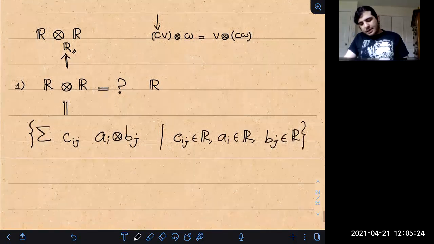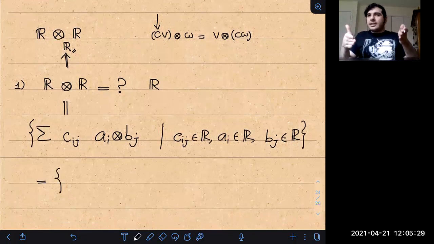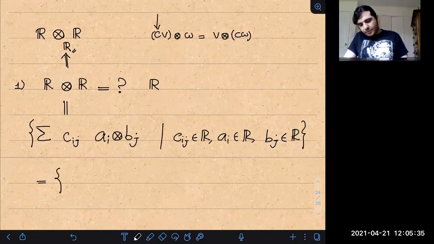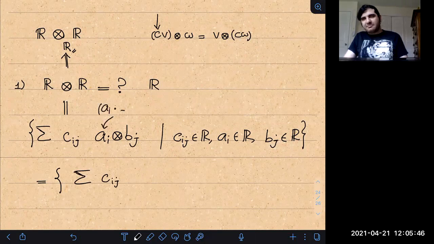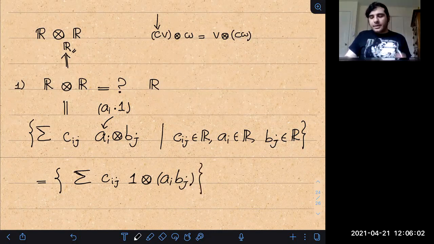Well, this is equal to, you see, Ai is a real number, so I can push Ai to the other side of the tensor product, right? Rather than writing Cij Ai tensor Bj, I can say Ai is Ai times 1. It's a real number, equal to itself times 1. Then I can keep 1 here, but send Ai to the other side of the tensor product, right? I can do the same thing with Cij.